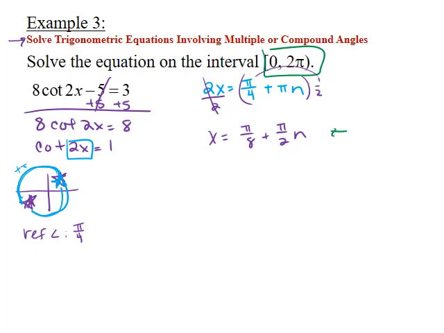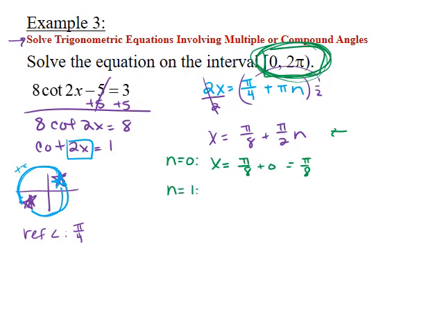So what I'm going to do is plug in values for n, starting with 0, and then I'm going to end up with all of the values within this interval that fulfill this equation. So if n is 0, then x equals pi over 8 plus 0, which is pi over 8. Okay, well, perfect. That's our first solution.